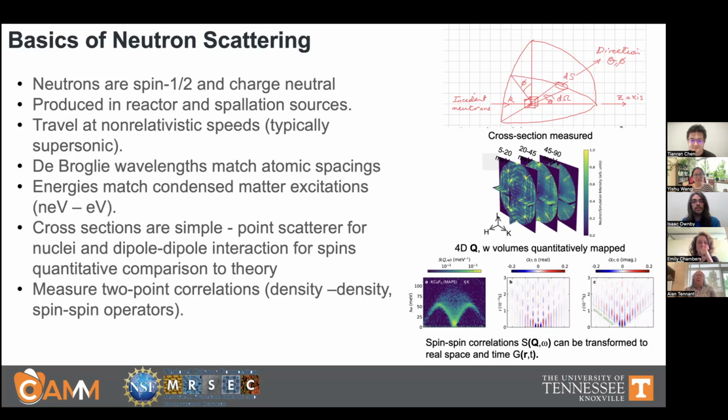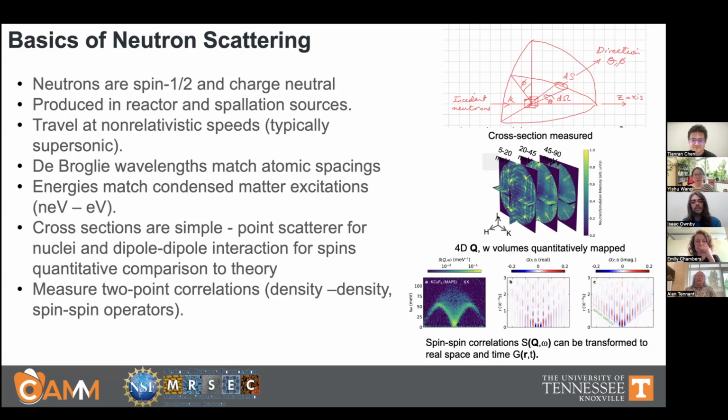So the properties of the neutron allow it to interfere in space and time with the atoms and spins in materials, and that allows us to probe quantum materials in a unique way. The cross sections are extremely simple. The neutron is a point scatterer from nuclei, and through the dipole-dipole interaction for spins, we're able to get a quantitative comparison to theory.